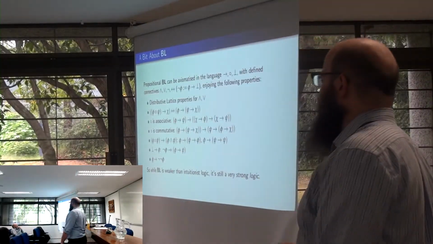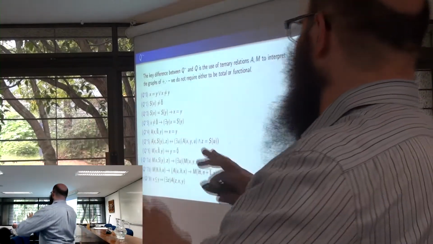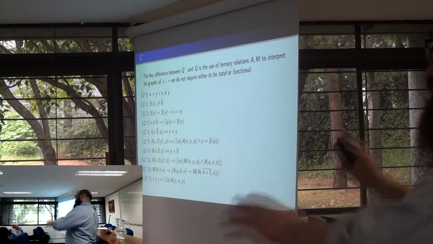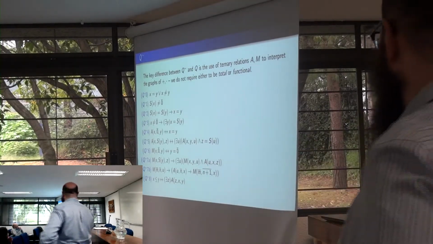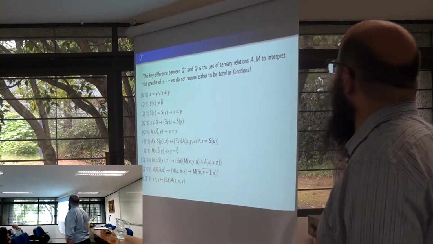So, having said a little bit about BL, to further talk about Hájek's result, I need to talk about Q sim. I'll have a little bit more to say about Q sim at the end, but for now, just enough to get on the same page with Hájek's result.